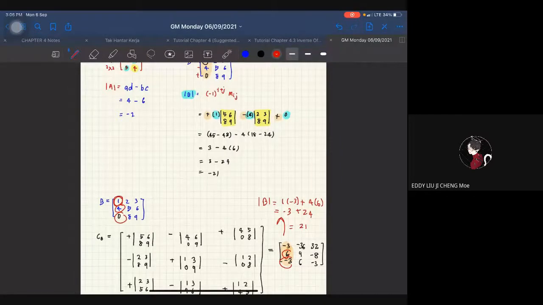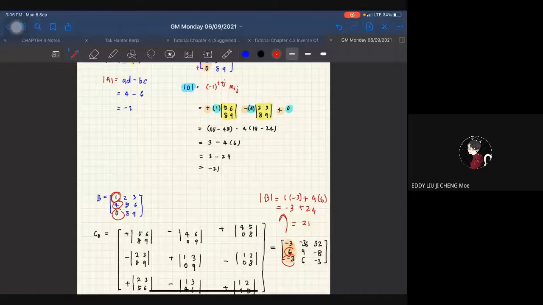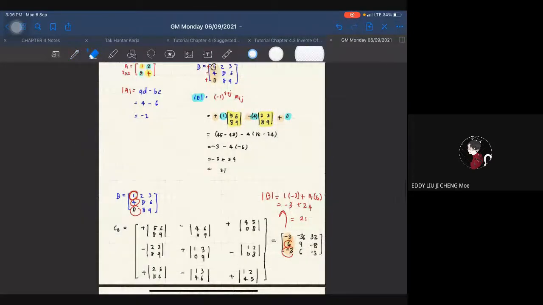Kenapa saya dapat 21? Saya salah kat mana-mana ke? Sepatutnya nilai dia sama je. Oh, I see. Saya nampak salah saya. This one over here supposedly -6. So this one is -3 over here, negative plus. So dia jadi positif lah. Okay, so jawapan awak sama juga.